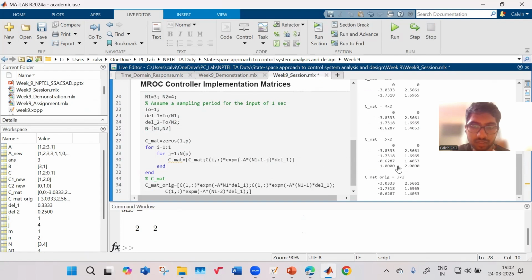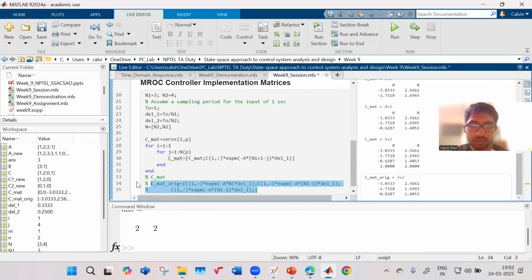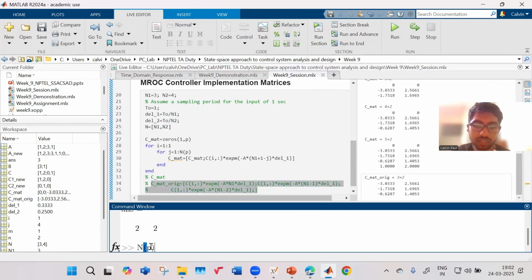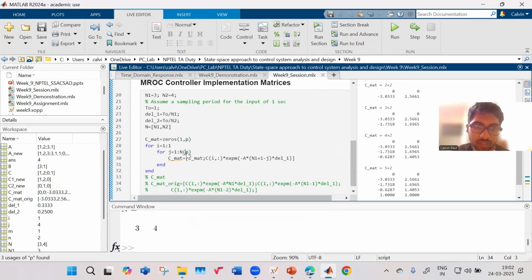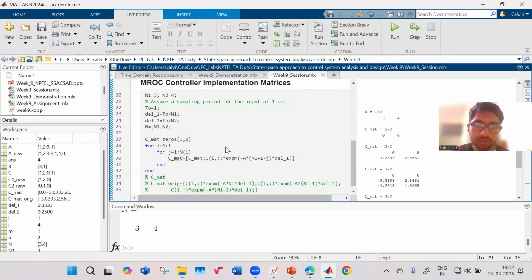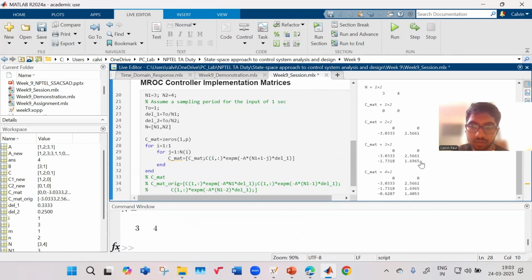The C matrix will be given. Then we follow N2, right? And then the C matrix is coming out with this.